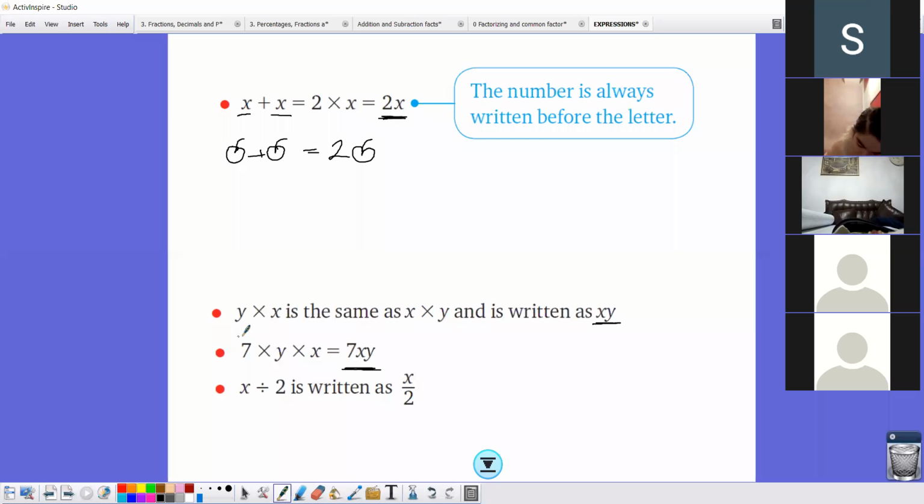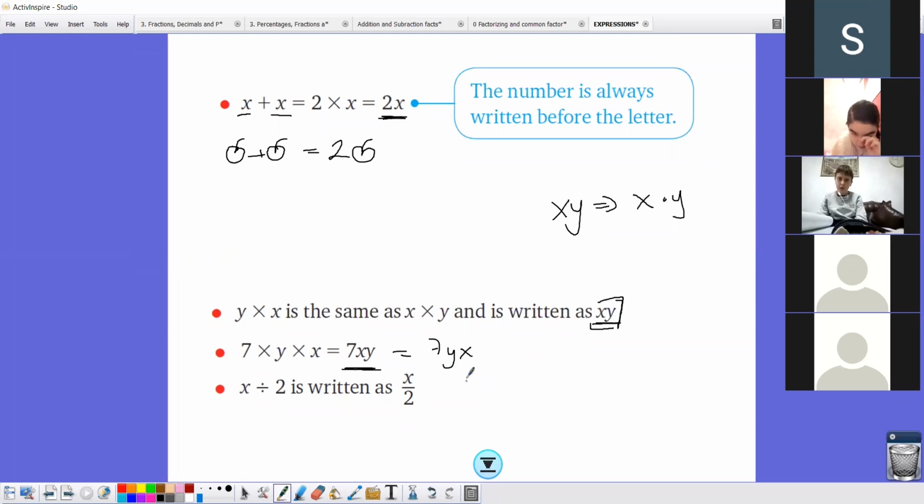If we are multiplying 2 unknowns, like Y times X or X times Y, you can write this one as XY. So when you see in an expression that it's written XY, it means that this is X times Y. Okay, we're not writing the times sign between them. It's the same thing here. If you have 7 times Y times X, you will write 7XY, or 7YX, which is the same thing.